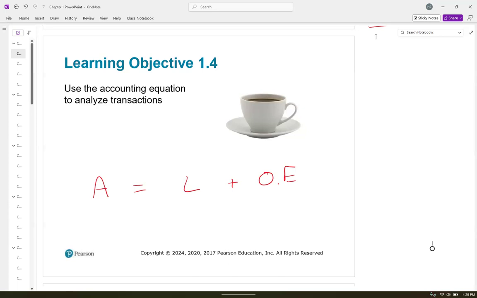So we have this double entry bookkeeping. We're going to go through transaction analysis. Sometimes I tell students, if you haven't listened to anything I said up to this point, now would be a good time to listen, because if you don't get these concepts right here, you won't understand chapter 2, you won't understand chapter 3, 4, all the way to chapter 10, and you won't make it past this class. You have to learn the ABCs of accounting before you can move on to the next chapter.